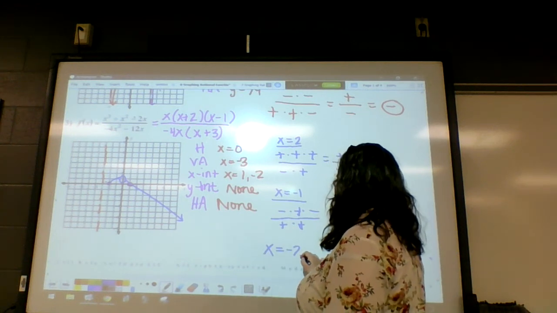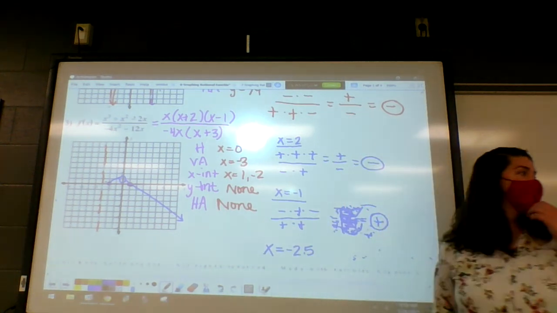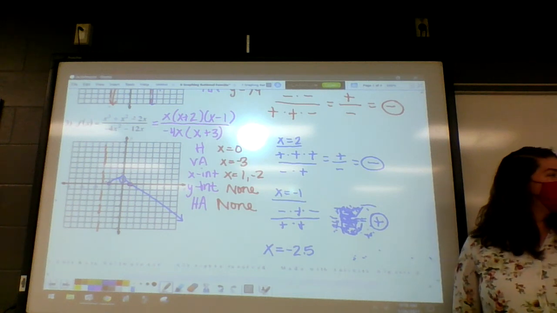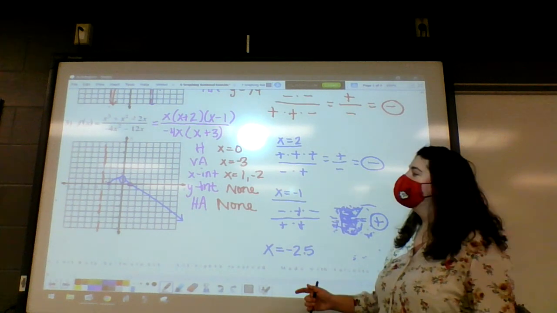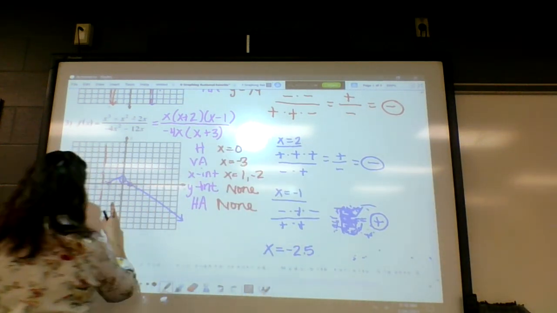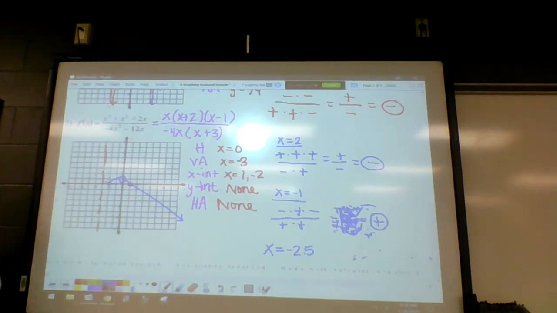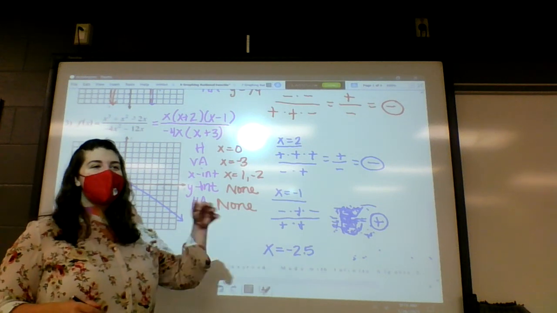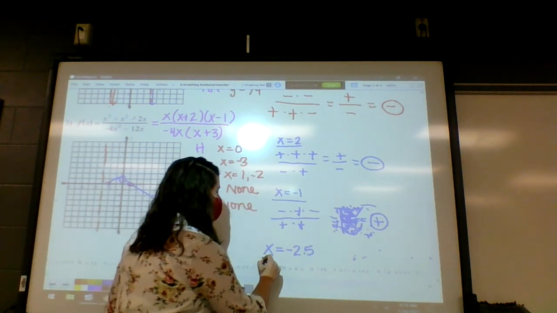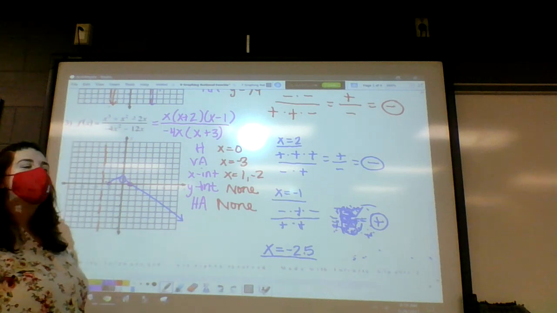-2.5, is that a good test value to tell? No, it's not a good test value. Why not? I don't like it. Because it's a decimal. Do you see where the options are? You have to be between -2 and -3, and you can't use -2 or -3. It won't tell you positive or negative. All right, let's be real. -2.78934.